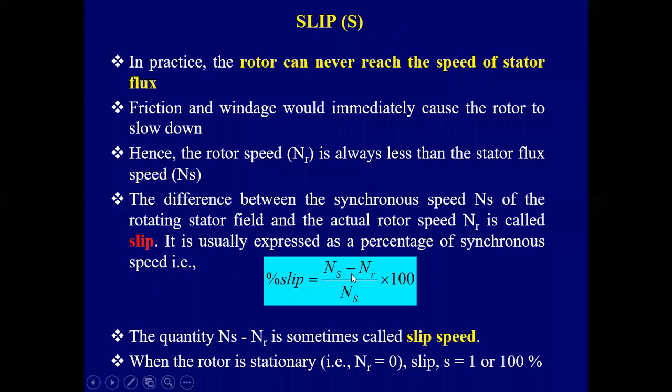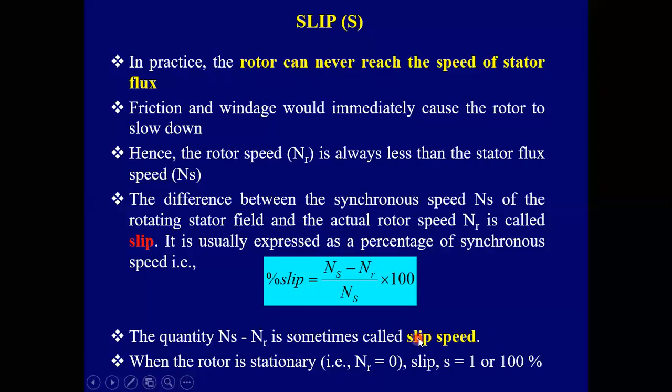What is percentage slip? That is Ns minus Nr by Ns. What is the difference of the speeds? That is Ns minus Nr, and with respect to Ns, that is the slip. Now you remember the value of slip at standstill. I will try to concentrate more on this point. Guys, see, what is slip speed?